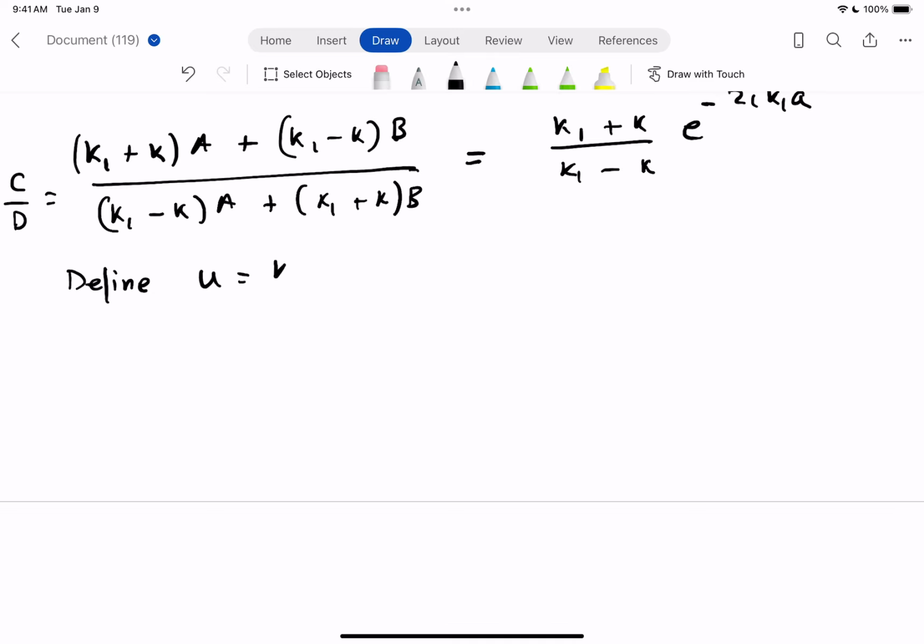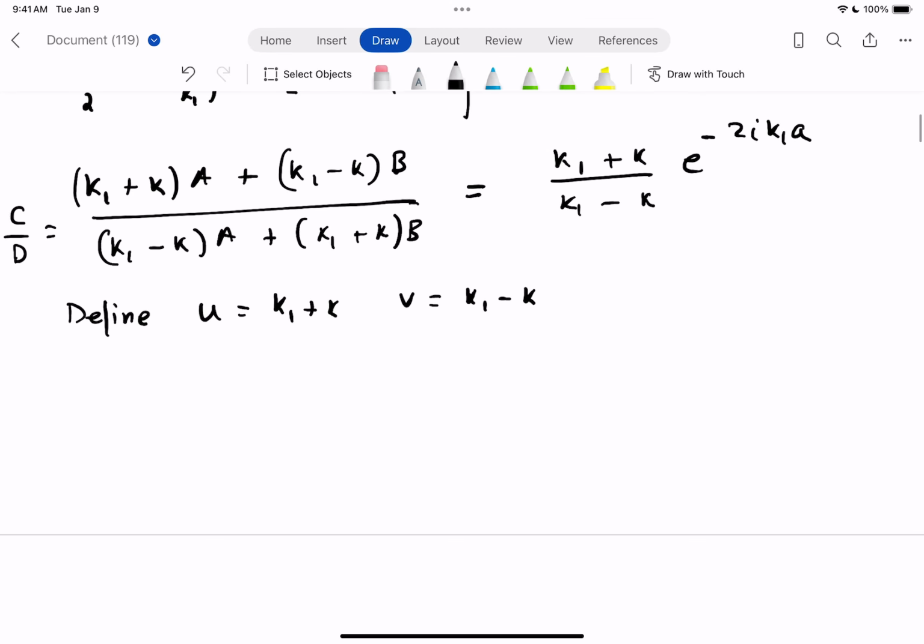U is equal to K1 plus K, V is equal to K1 minus K, and also this exponential factor, not super important, we can call that P squared. So P is equal to e to the power of minus iK1a, which means P squared will be this exponential factor, e to the power of minus 2iK1a. This is just to keep the algebra from getting too unwieldy.